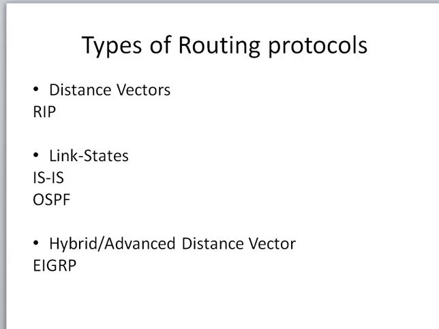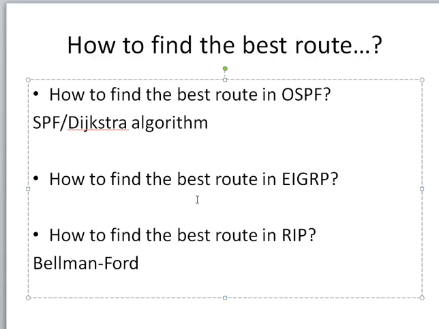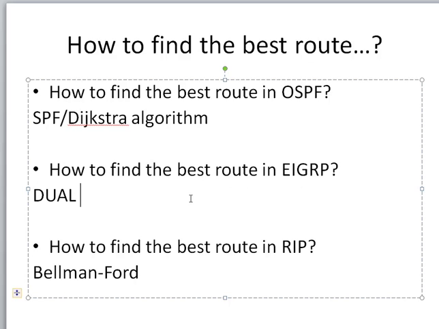And yeah, Monica got it down here. DUAL, as you've kind of spelled it out already in the chat there, is the Diffusing Update Algorithm, which is like your K values.